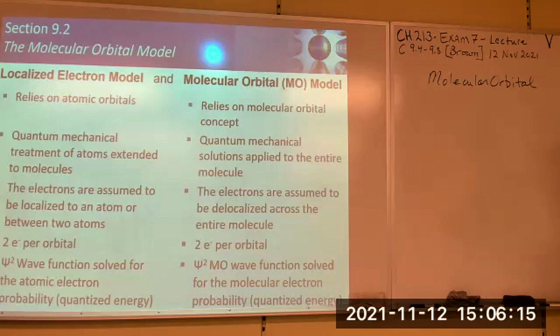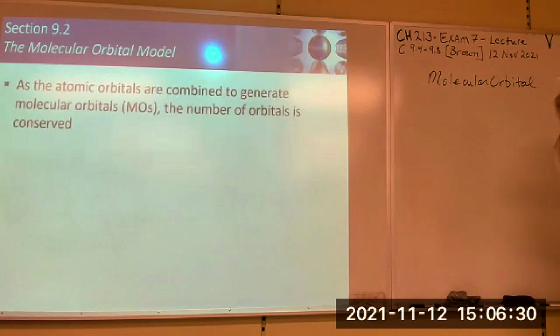It's a little different calculation as I understand it, but the molecular orbital wave function solution also quantizes energy. So we haven't abandoned that concept. Okay, so how do we do it?